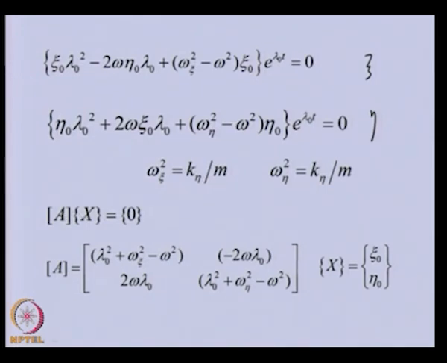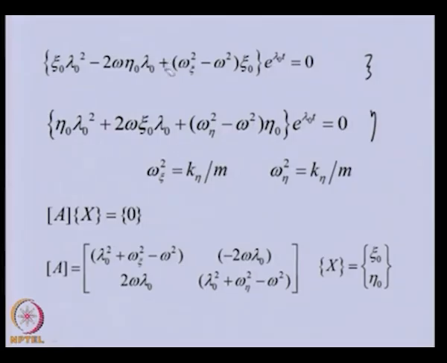So basically we are writing this in matrix form, in which xi naught and eta naught form this particular vector, and these are the coefficients of xi naught and eta naught in the first equation, and similarly in the second equation.